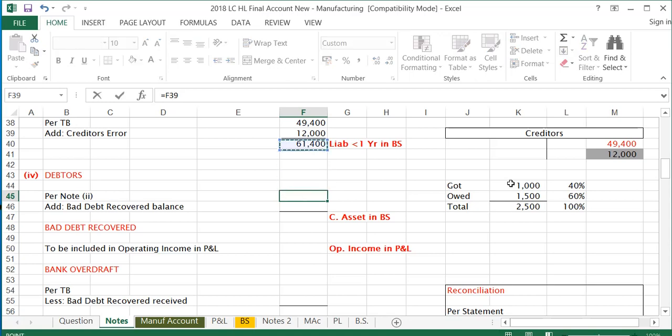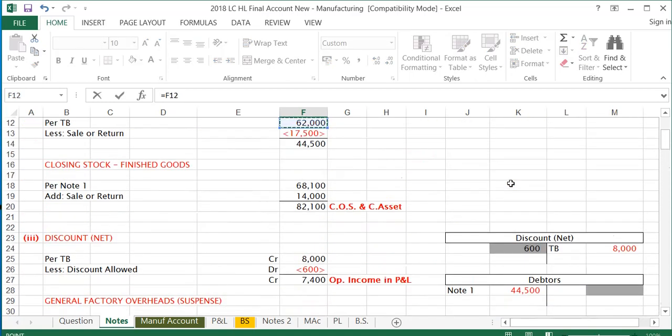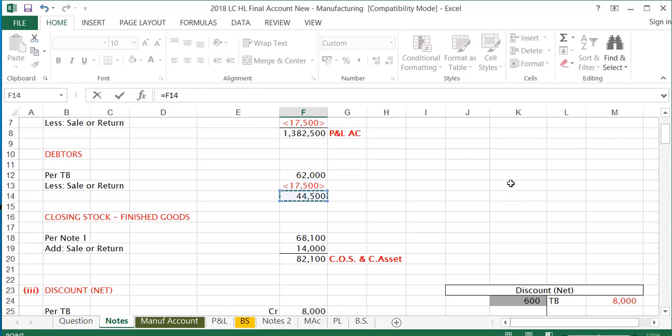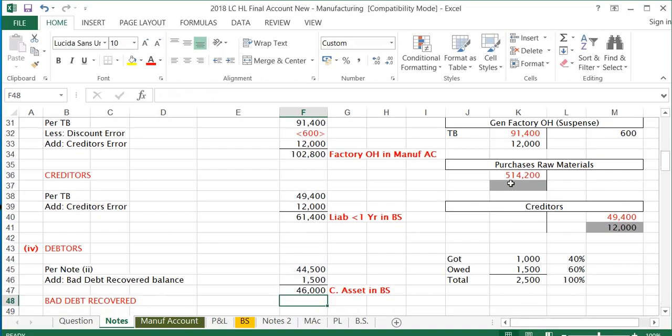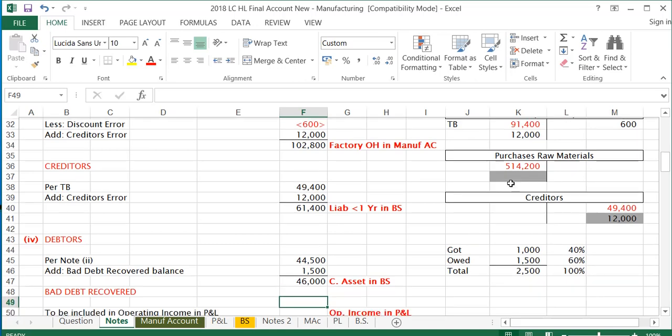Now I can see my debtors from note 2, I already have a change to debtors. So my most up-to-date debtors figure is 44,500, and I'm going to add the 1,500 bad debt that I'm still owed, which leaves me with debtors of 46,000, and that debtors figure will go as a current asset in the balance sheet.